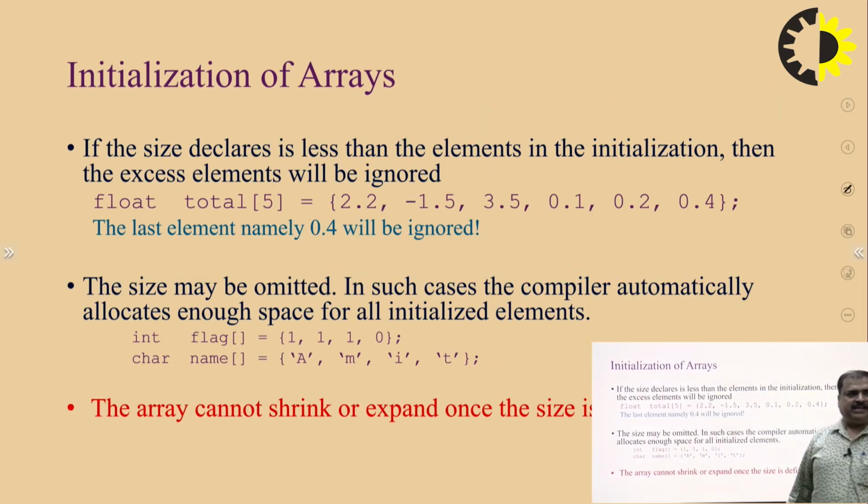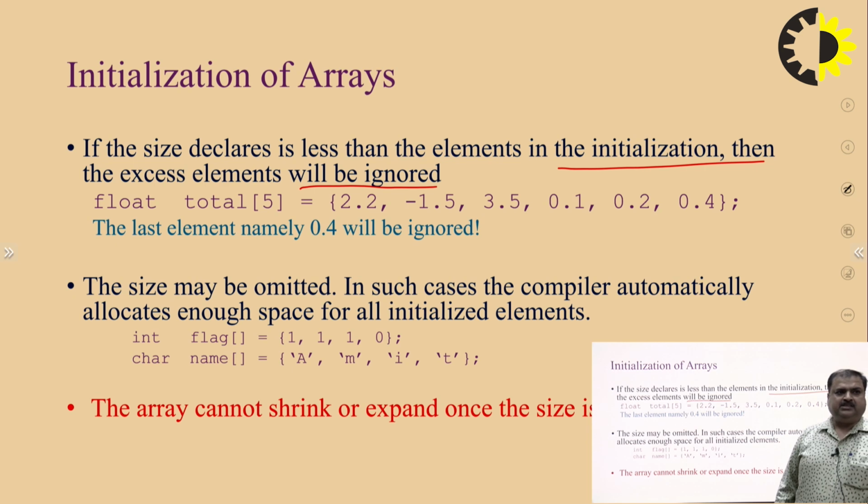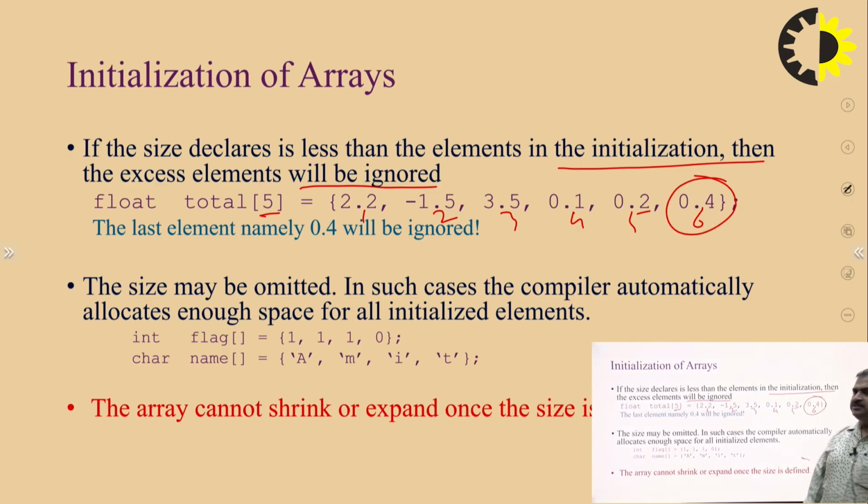Okay, so let's move on. If the declared size is less than the number of elements, as we have already discussed, then in the initialization the excess will be ignored. That means if the size is 5, but we have supplied 6 elements, the remaining or additional values will be ignored.